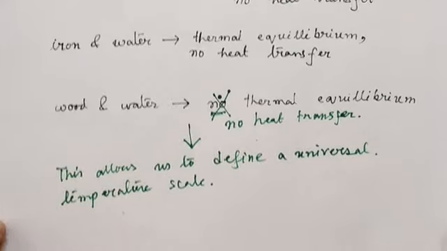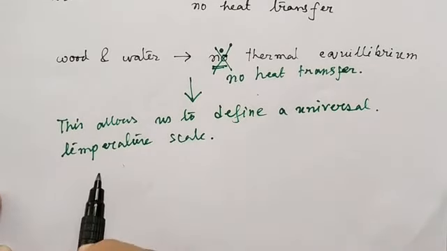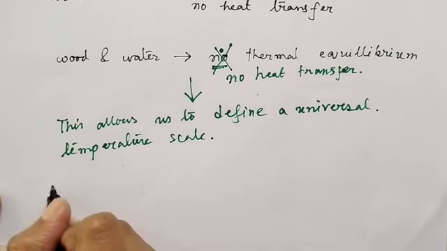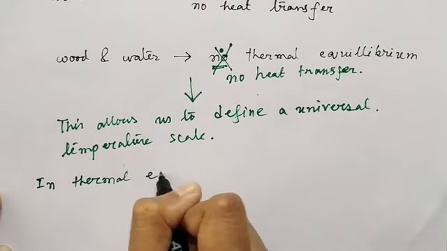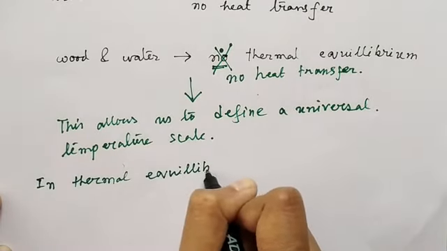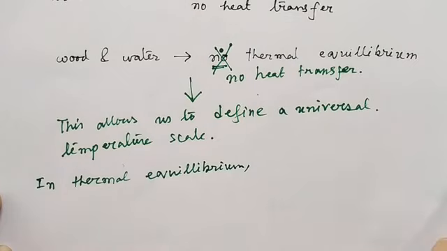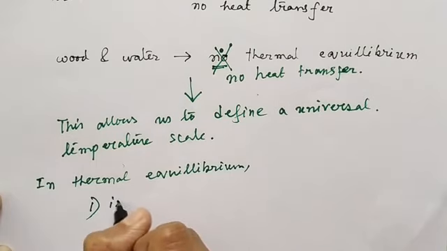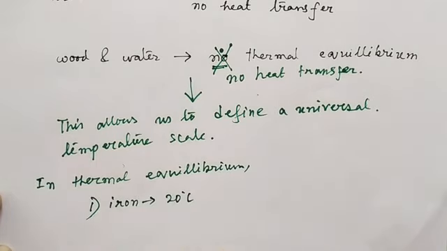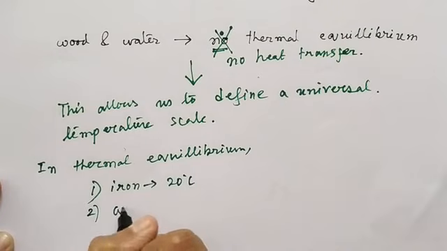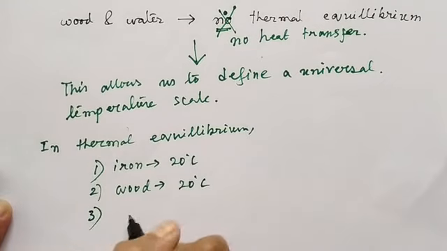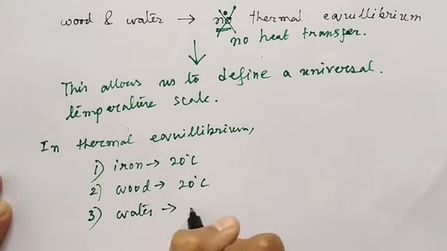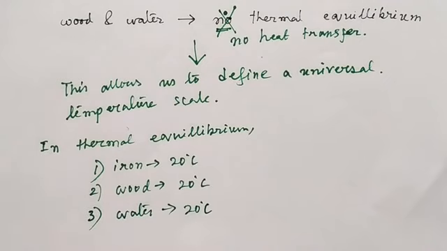For suppose all this iron, wood and water are in thermal equilibrium. Suppose the first object, which was the iron, its temperature is 20 degrees centigrade, and the wood, its temperature is also 20 degrees centigrade, and the water, its temperature is also 20 degrees centigrade.